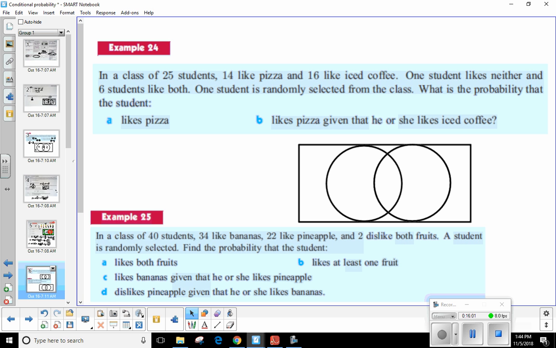I already know they're going to be overlapping because it says 6 students like both. Take about 15, 20 seconds and let's see if we can fill in the entire diagram. Let's say this left circle is everybody who likes pizza, and the other one is C for iced coffee.